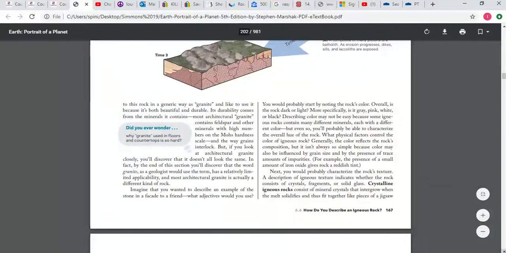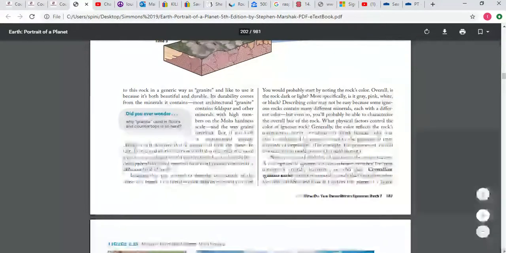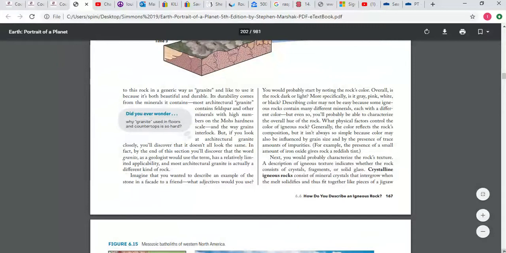Now, granite is kind of interesting because we didn't get into this in too much detail about the formation of the Earth, but continents, places where we live, exist because of granite.